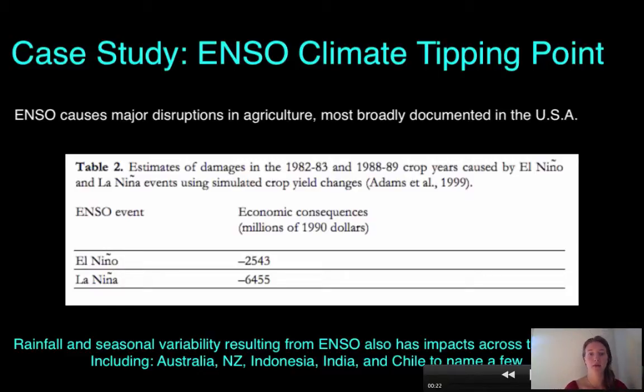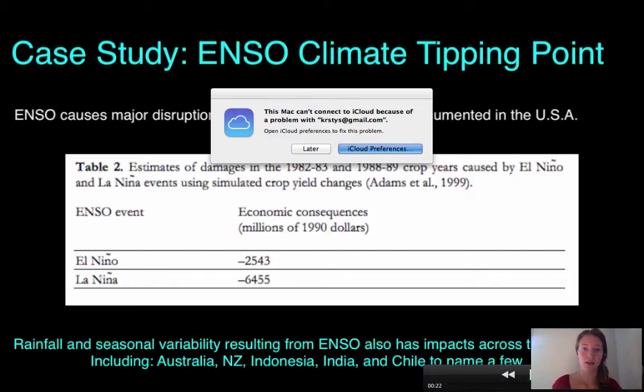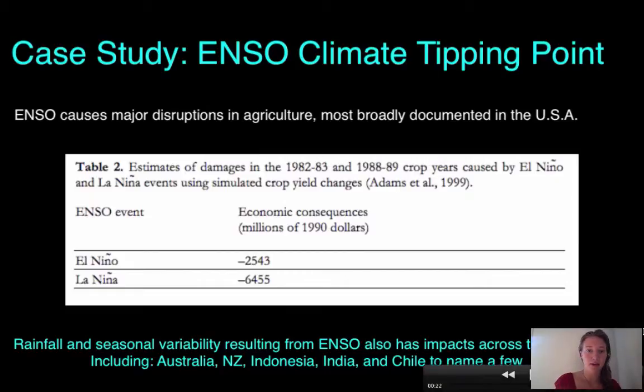So in this table, I have estimates of damages. The 1982 and 83 El Niño year was $2.5 billion in losses to the North America economy. And then La Niña in 1988 and 89 caused $6.4 billion in losses.